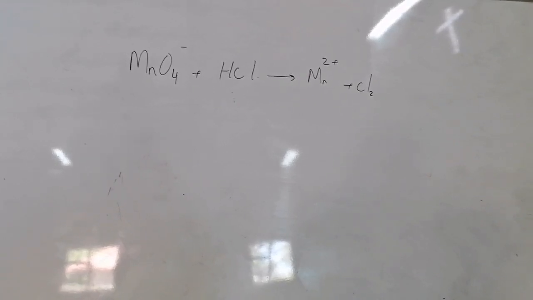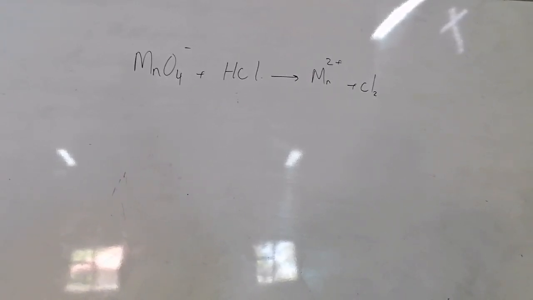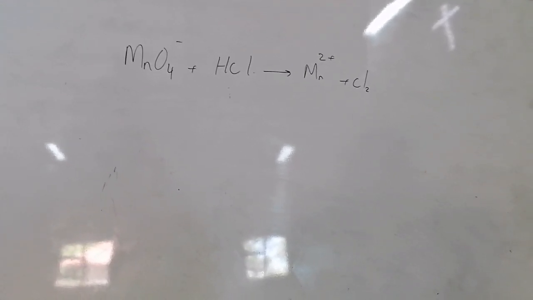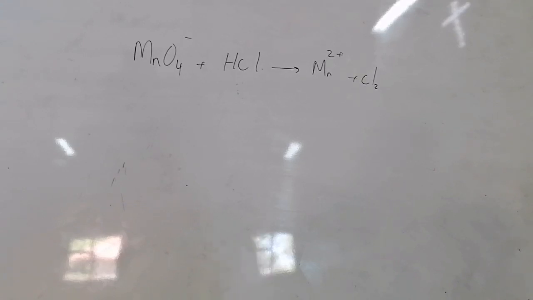Then on the comment platform, write that substance or element that you got as the reducing agent. If Cl is the reducing agent, you write it down, so that I can see that what I'm doing is correct, or that you're understanding what I'm doing. So please do not forget to write your answer on the comment platform. Find the reducing agent.